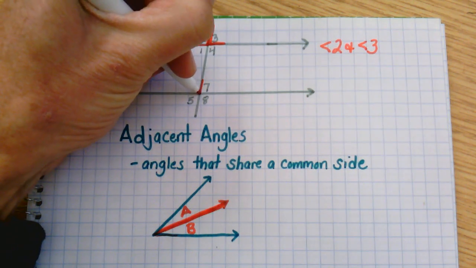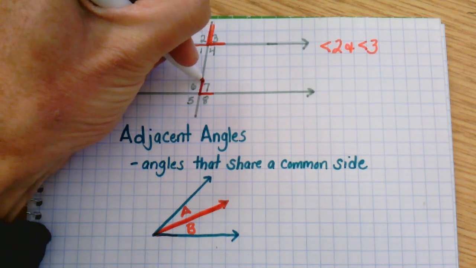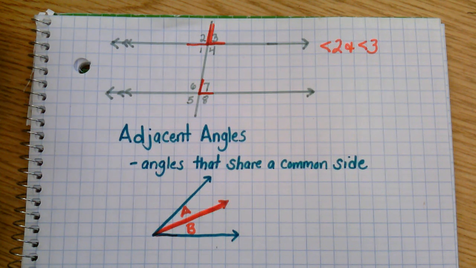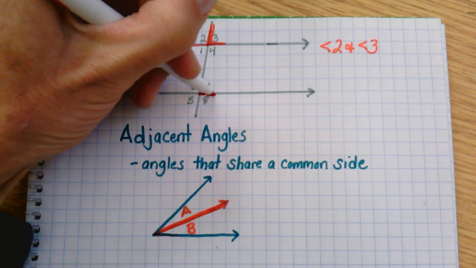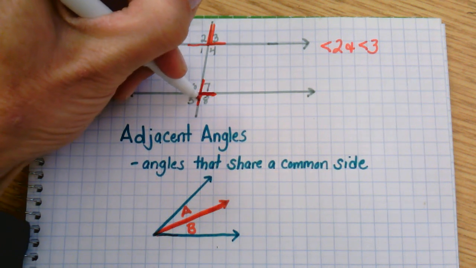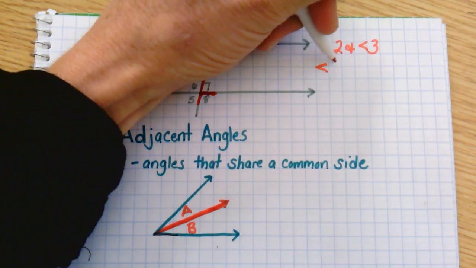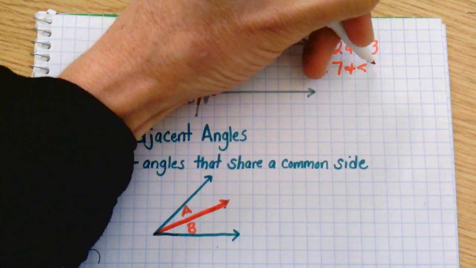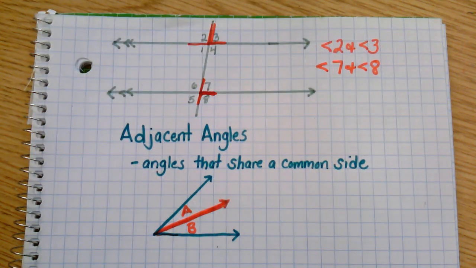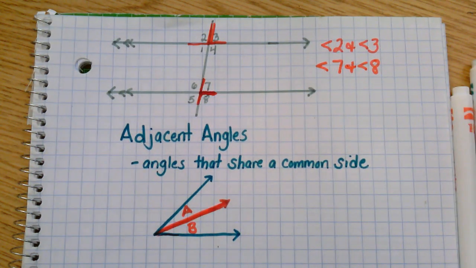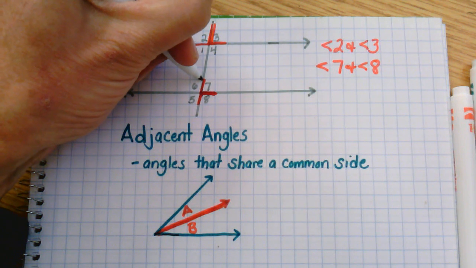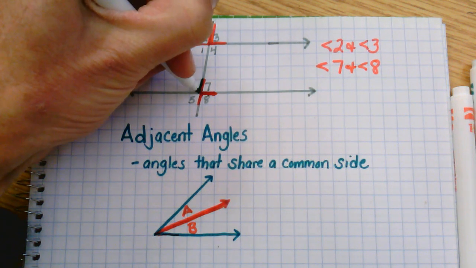Angle 7 is adjacent to angle 8 because they share this side right here. Angle 7 and angle 8 are adjacent angles. You could also have said that angle 7 is adjacent to angle 6 because they share this side right here.